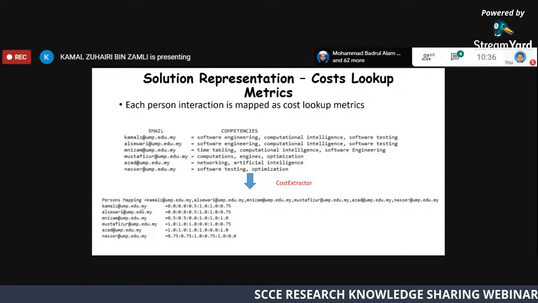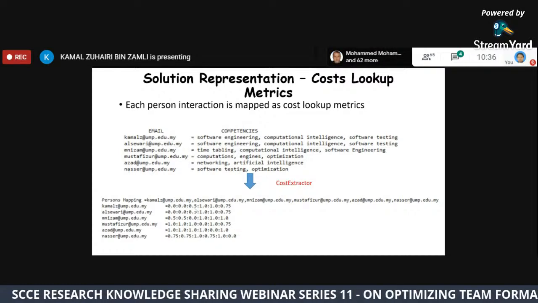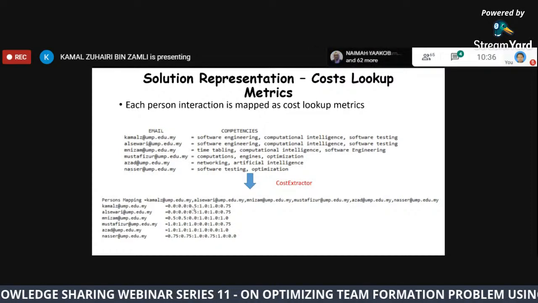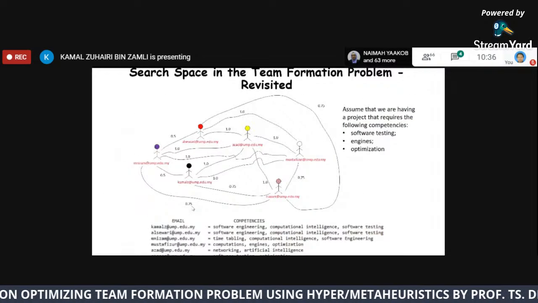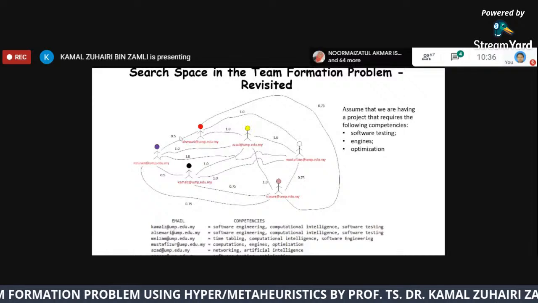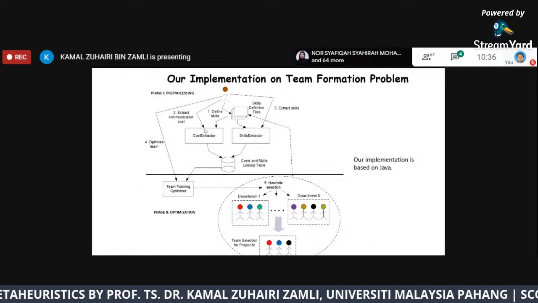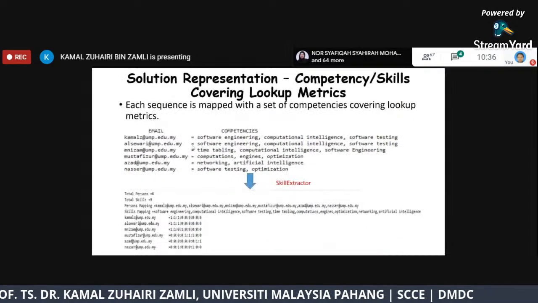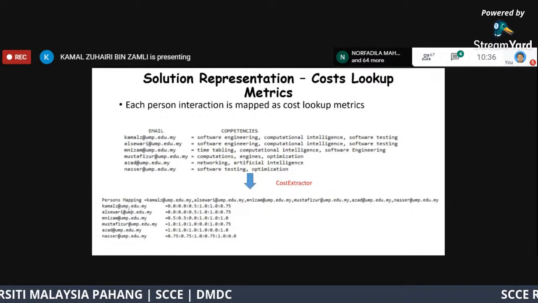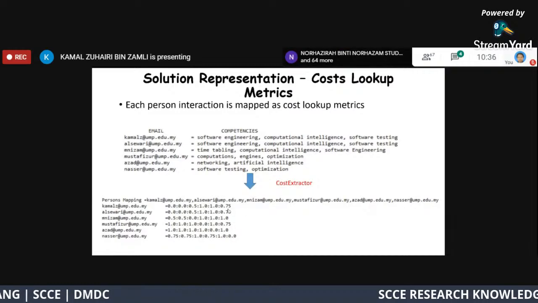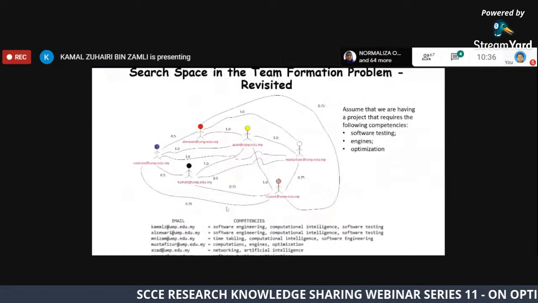If you look at Kamal and Nizam, the cost is 0.5. If you look at this, and then the graph that we had, Kamal and Nizam, the cost is 0.5. We did this using a tool that we developed called cost extractor, where the cost extractor is essentially implementing the lookup for the graph. For example, Kamal and lastly Nasir, 0.75. With Kamal and Nasir, you can see 0.75 from the graph.